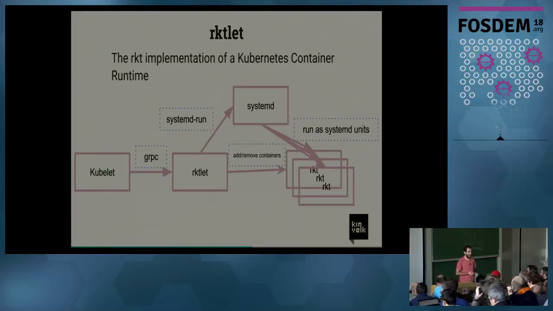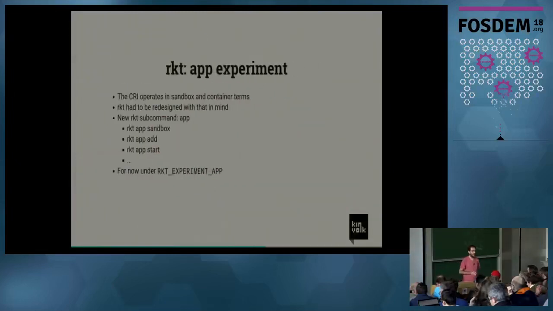So we had to implement mutable pods in Rocket. To do that, we did what we call the app experiment. Basically we had an install command for Rocket that creates a sandbox, and then we added more commands to add containers, remove containers, start containers and stop containers.